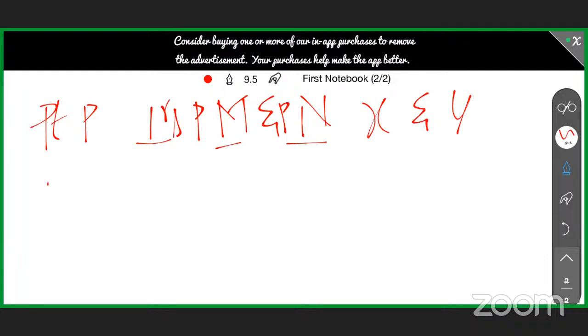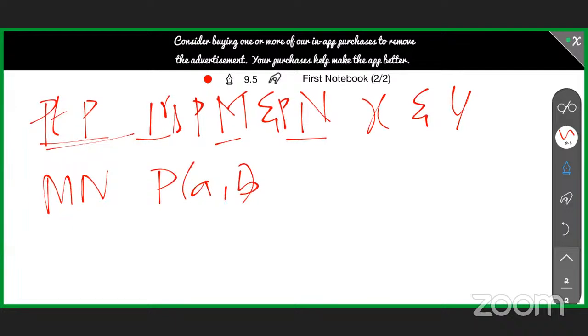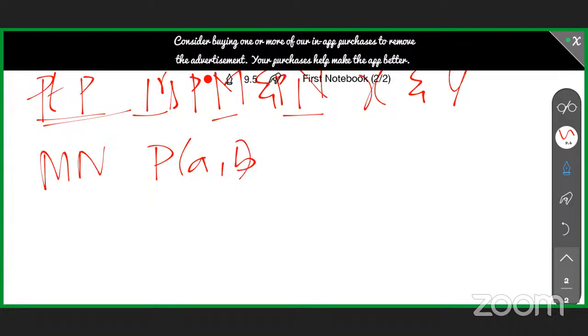And the line MN is passing through the fixed point A comma B, and we have to find the locus of point P.